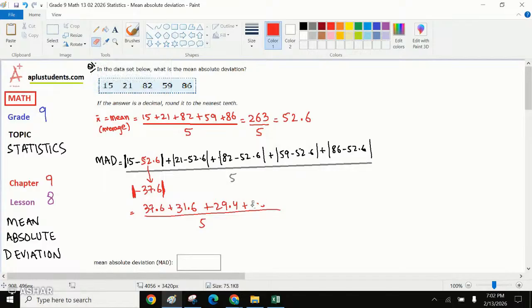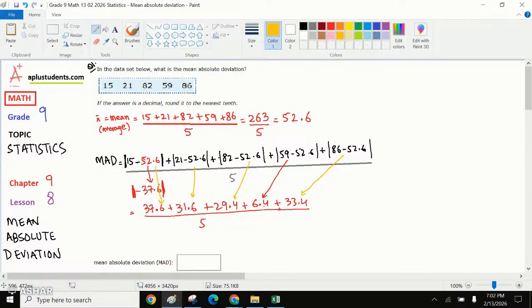I think I did a typing error. This value is 6.4. And when we add the last one, 86 minus 52.6, with the modulus sign, it comes out to be 33.4.